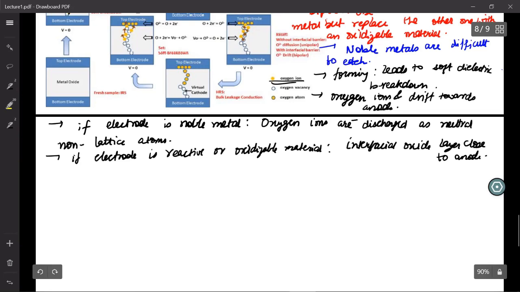Now, regardless of whatever is happening, at the anode-oxide interface you have an oxygen reservoir.